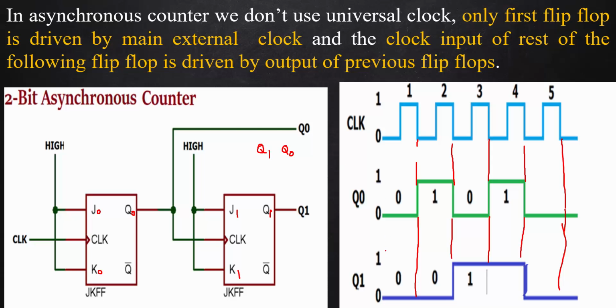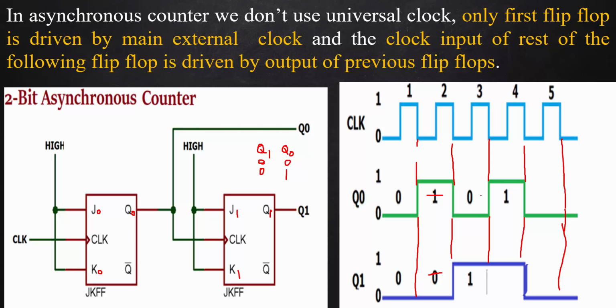During the first clock pulse, Q1 is 0 and Q0 is 0. Both are in low state, so the pattern is 0, 0. And what about the second clock pulse? In the second clock pulse, Q1 is 0 and Q0 is in 1 state, so this is 0, 1.